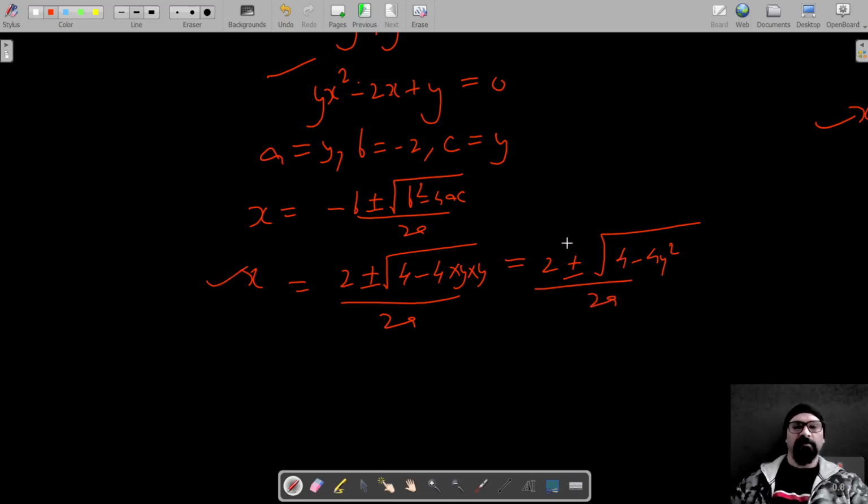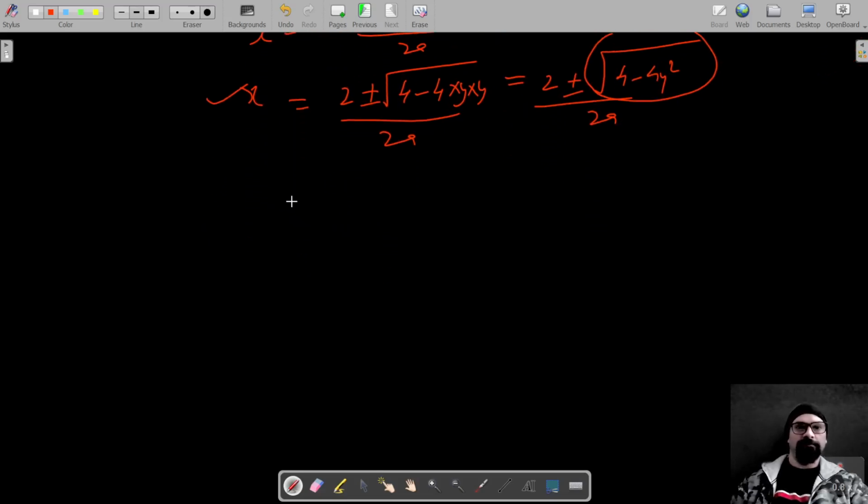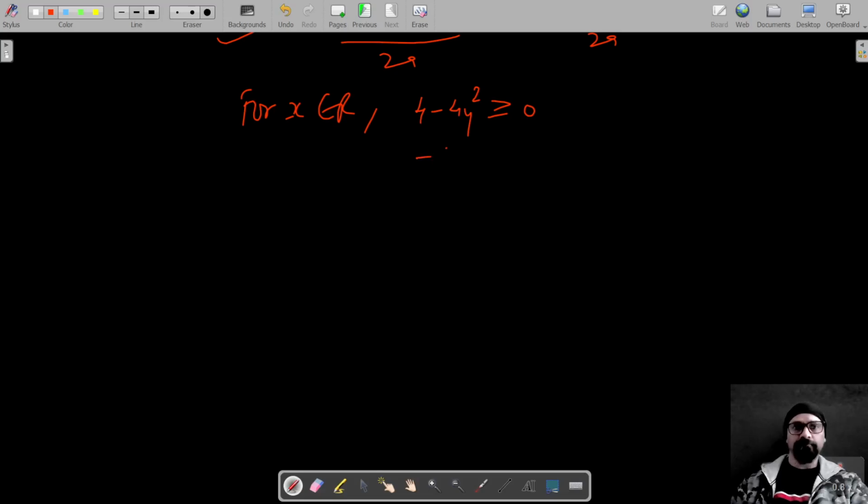Now the value of x is real only if the value under the root is real. So for x to be real, 4 minus 4y square should be greater than or equal to 0, because if this is negative, then we have x as an imaginary number.